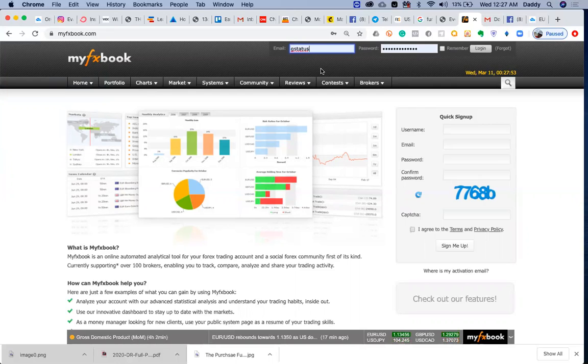Let's go back, open up again. Okay, you're going to click on the three bars up at the top, and then you're going to click on markets.